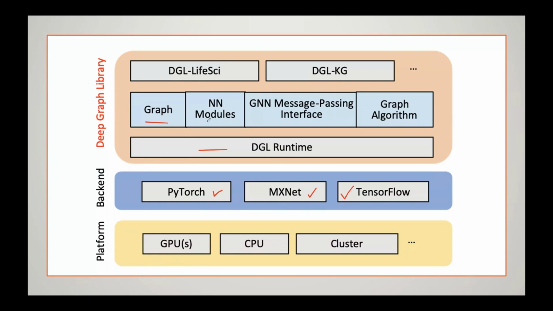There are specific graph algorithms provided as part of it, and you can utilize it for your processing. On top of this, they have two specific libraries. One is called DGL Life Science, another one is DGL Knowledge Graph. These are specific domain focused solutions.